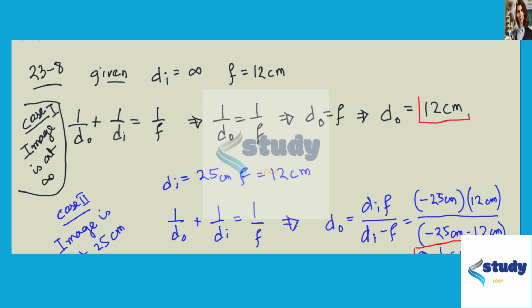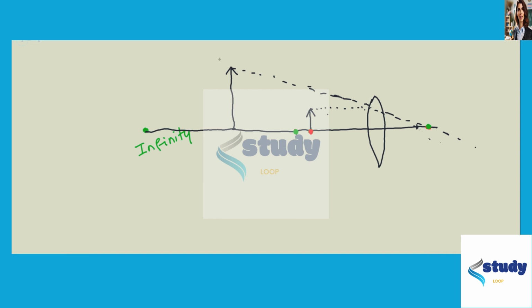Okay, so now we know where the object will be if we know the image distance. Now the question is whether the lens is moving toward the fine print or away from it. To determine that, we can consult this diagram. Let's say these green dots are the focal points, and this is the convex lens.